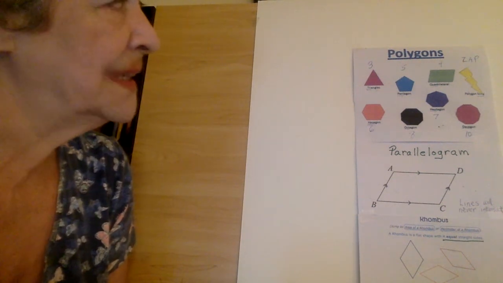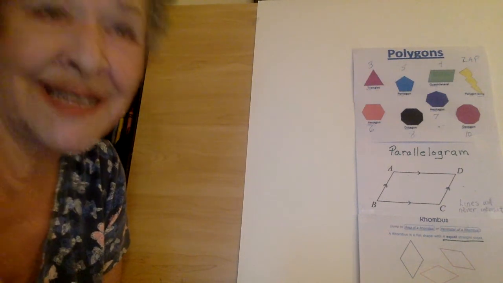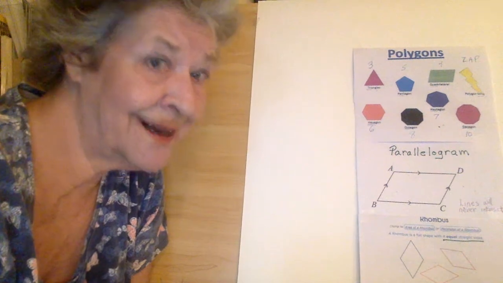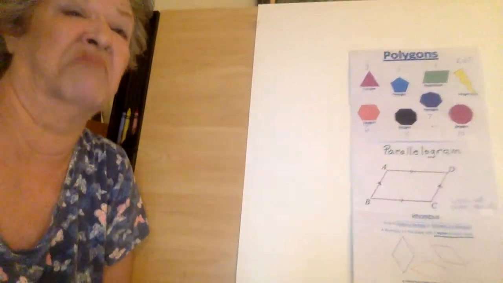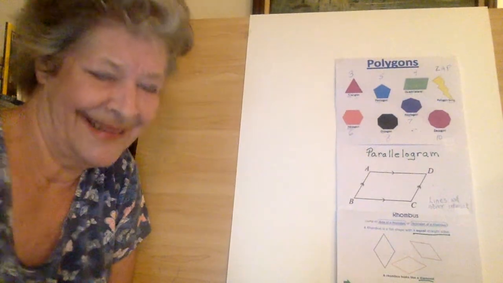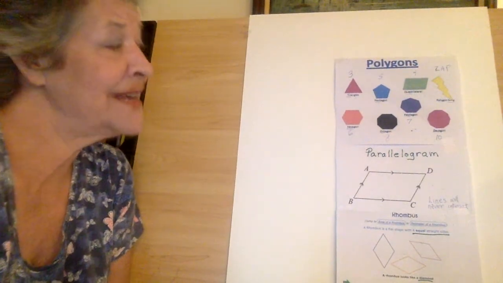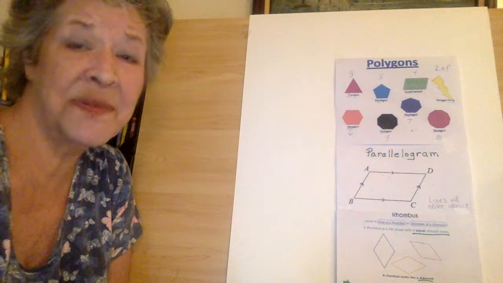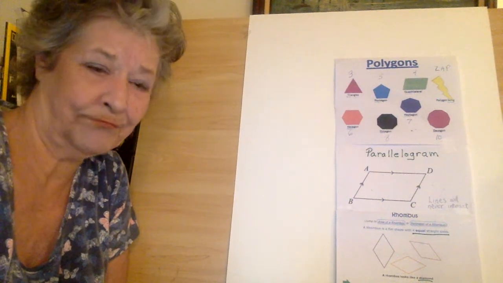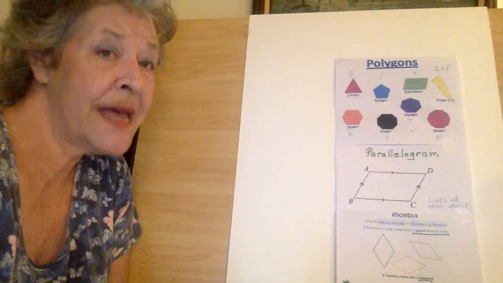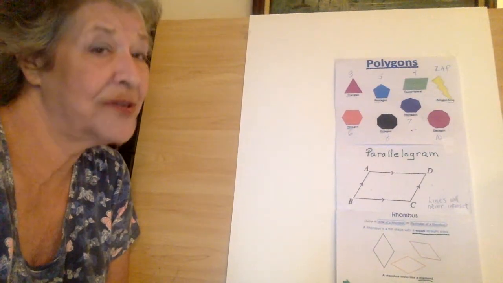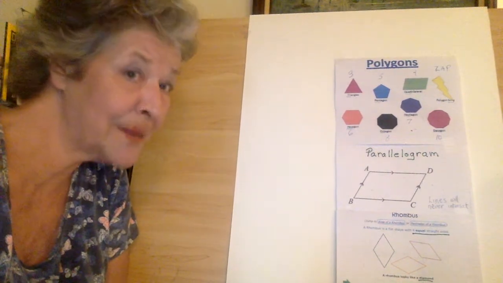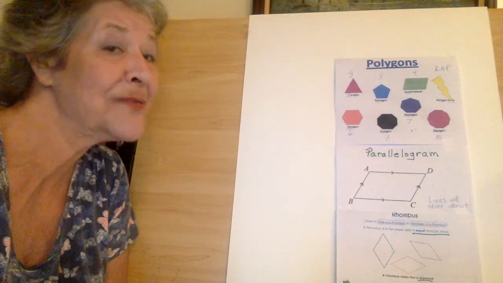What I want you to do over this activity is to have a lot of fun. Oh, yeah. If you're not having fun, I want you to take these geometric shapes that we talked about. You can draw your shapes. I'd like to see you draw your shapes, color them, and cut them out.